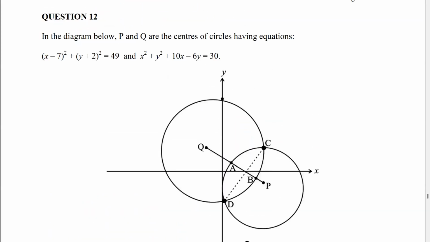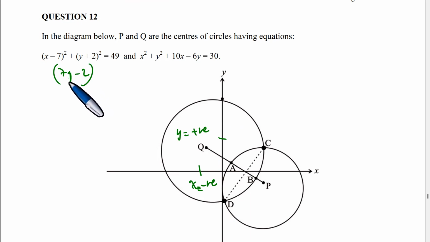Center Q has x negative as the coordinate, but y is positive. So can it be this one? If you look at the coordinates, it's going to be 7 and minus 2, so it's not this one.